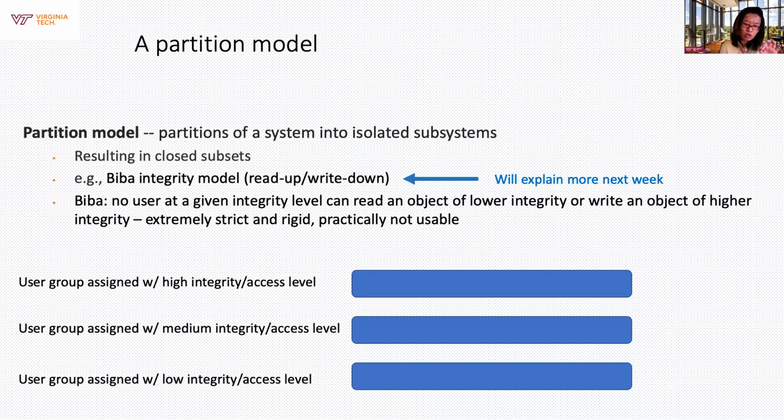If you're a military general, and a lot of this discussion is in the government and military space, you operate with a high integrity, high access level, and so you put them all together, and then they can email each other and share files, but you don't want them to share files with the low integrity, low access group, where the underlying assumption is that we'll probably have more opportunity to access high risk content.